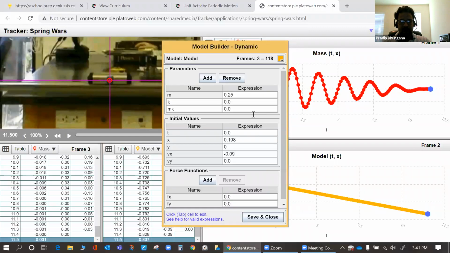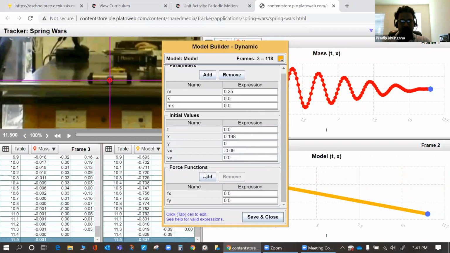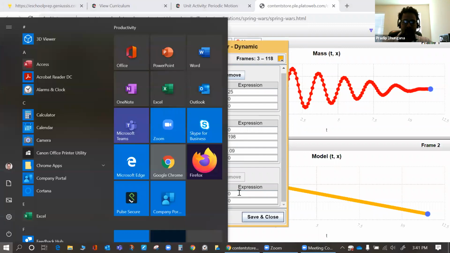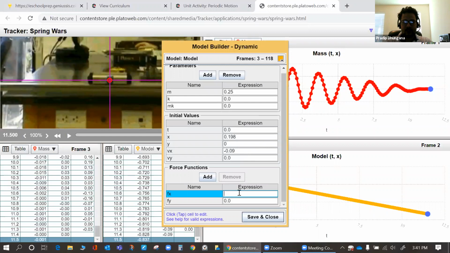And then force, F of X, is force in X direction. Those are force due to spring, F of S, plus force due to friction, that is F of F. And after that, we have to add those forces.